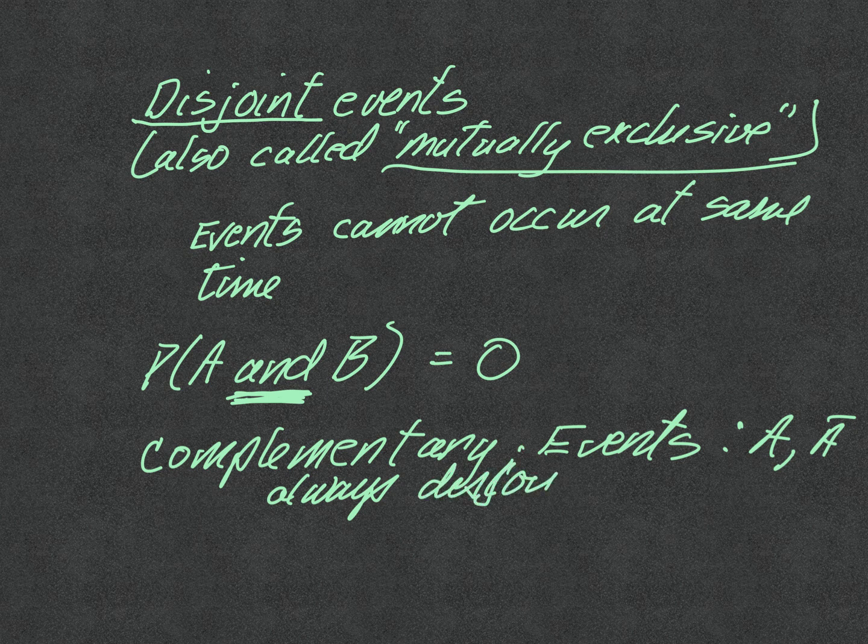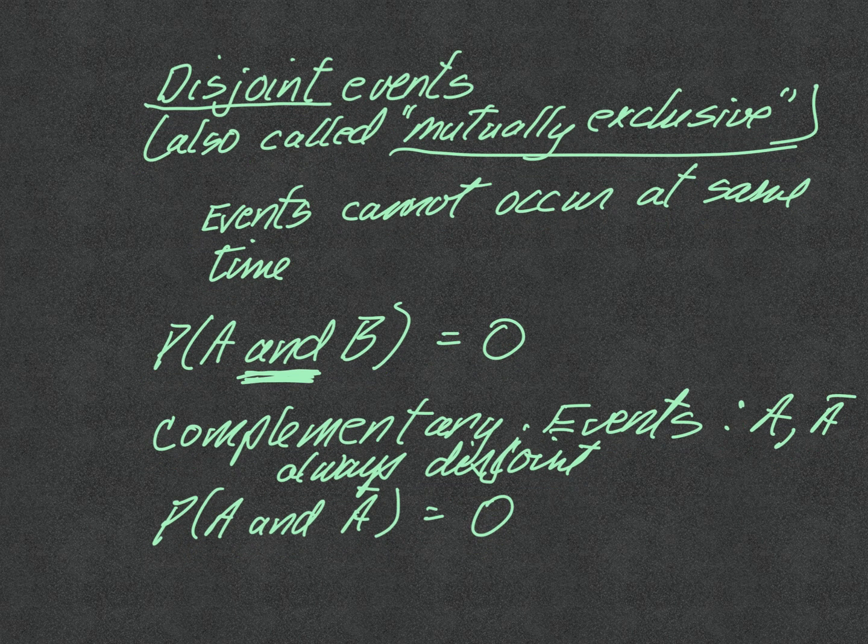Why? Because they don't have anything in common. They have all the stuff that the other one doesn't have. And so none of it matches up. So they're disjoint. You could say the probability of A and its complement is always equal to 0.